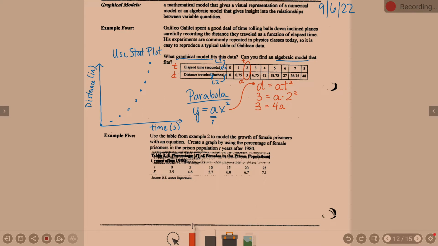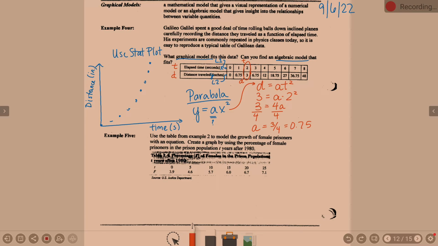If 3 equals 4a, then what do we know? A equals 3/4. Or, if you're not a fraction person, what's the other option you could say here? 0.75. In all honesty, I have both in my notes. So on something like that, I'd be fine with either or. It's a little bit different if it's 1/3, because 1/3 is a repeating decimal. So we have to be careful there.